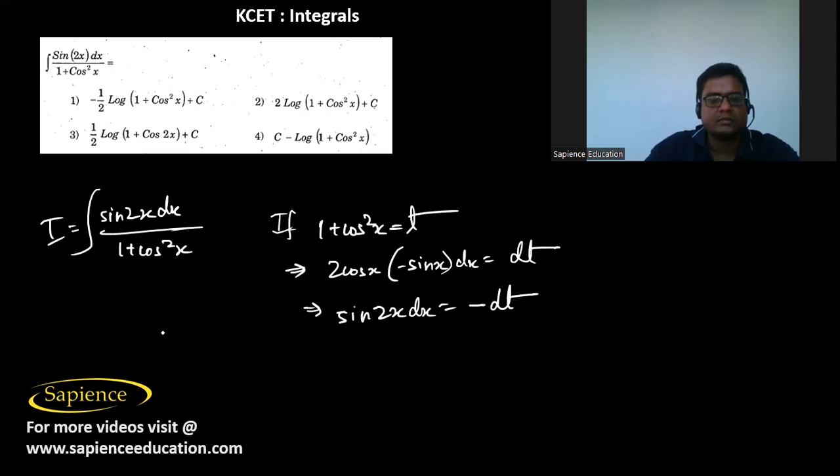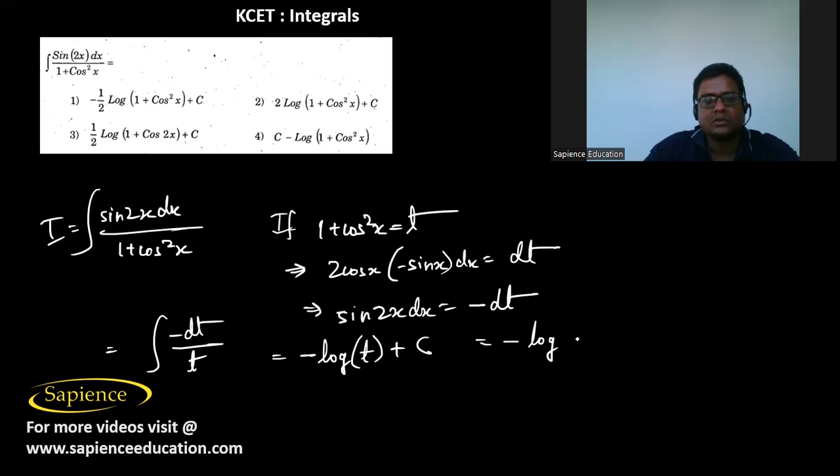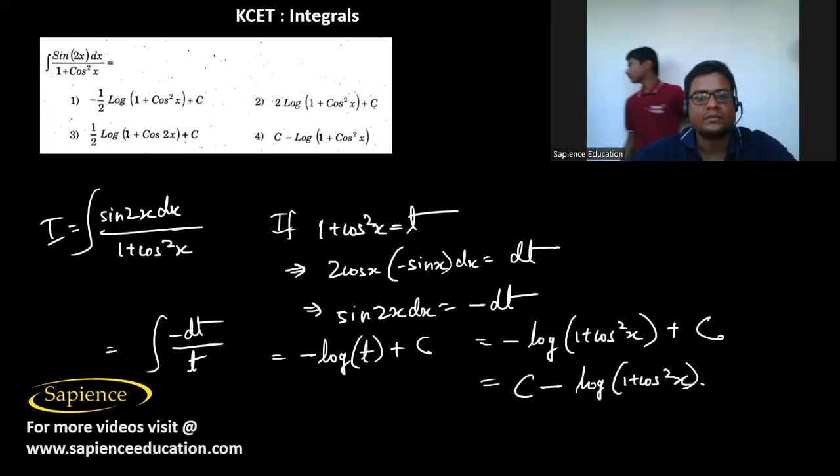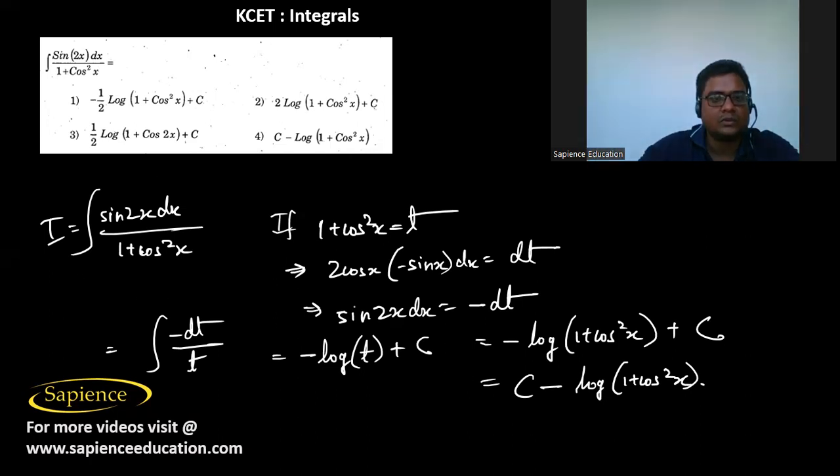So therefore this integral can be written as integral minus dt by t, which is minus log mod t plus c. So it is minus log 1 plus cos square x plus c, or simply I can write c minus log of 1 plus cos square x. So it means that option 4 is the correct answer.